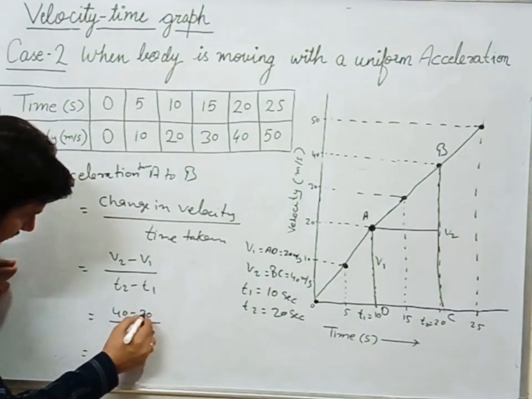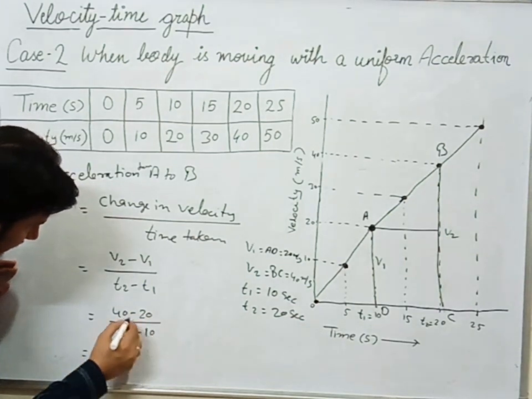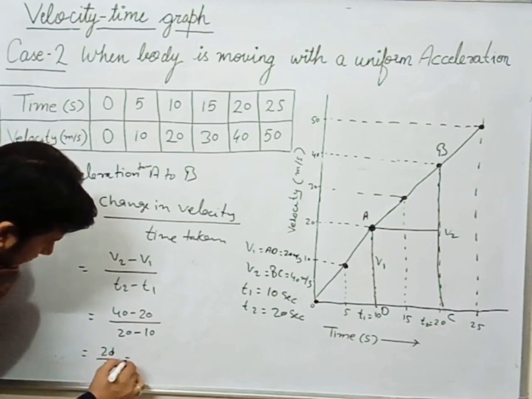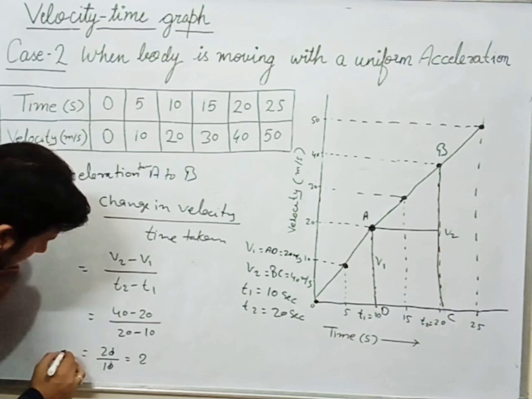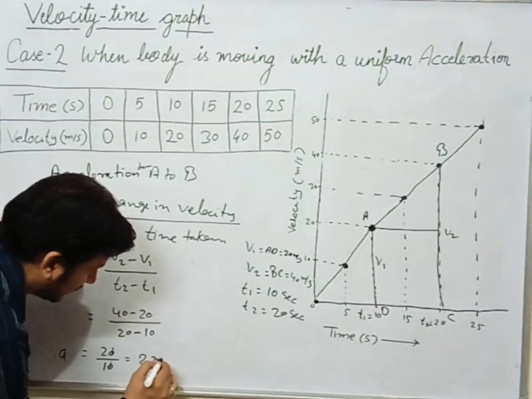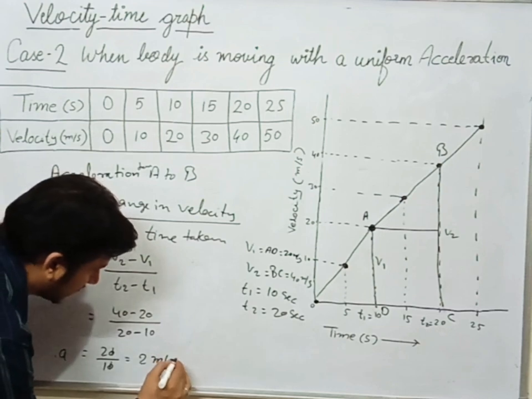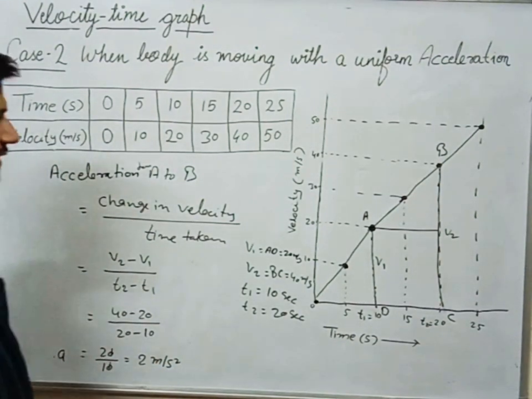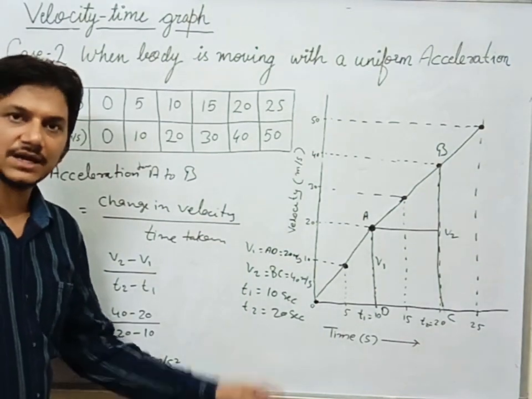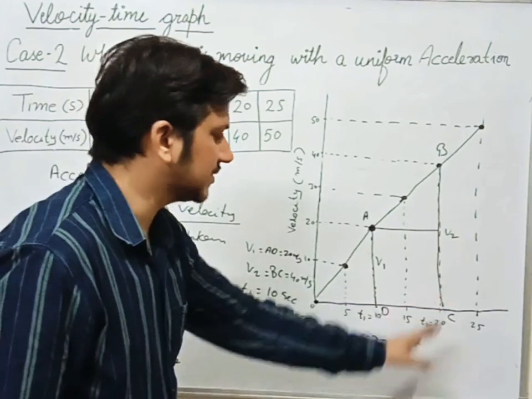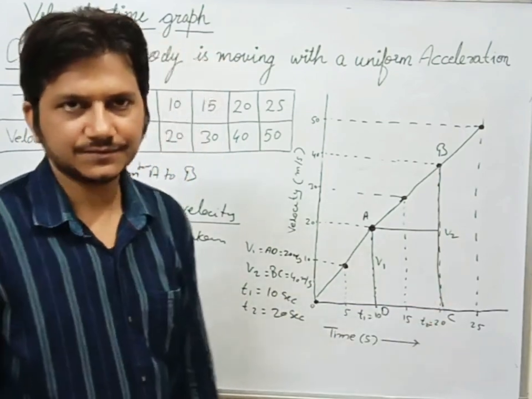We get 20 by 10. In this way the acceleration will be 2 meters per second squared. So in this way we can get the acceleration between any interval of time.